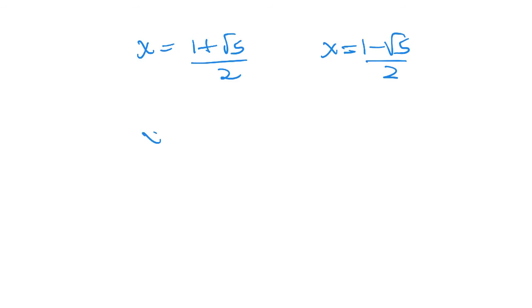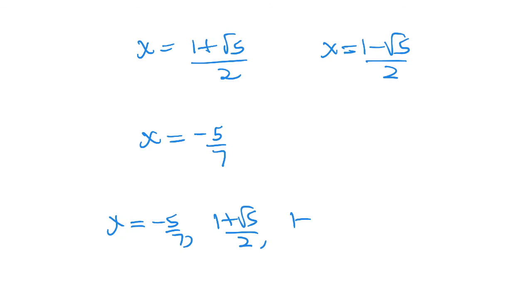And then I had the one that we used from the rational zeros theorem, negative 5/7. So those are going to be our answers. x equal to minus 5/7, 1 plus root 5 over 2, and 1 minus root 5 over 2.